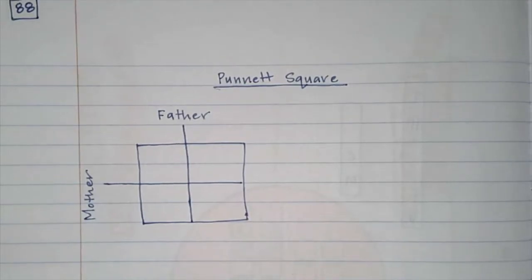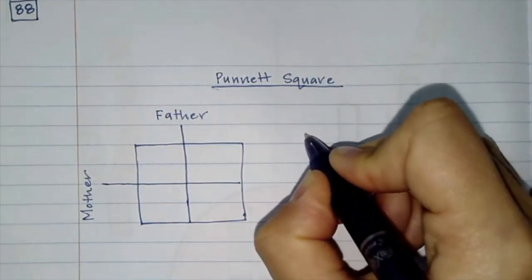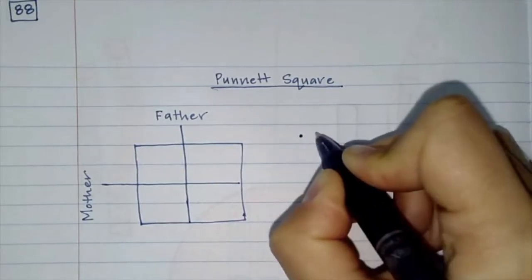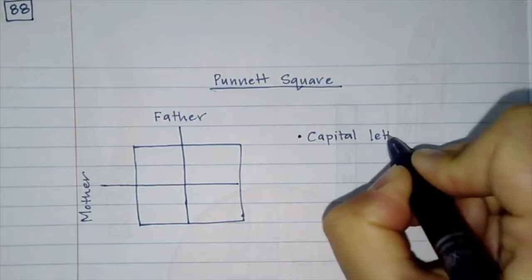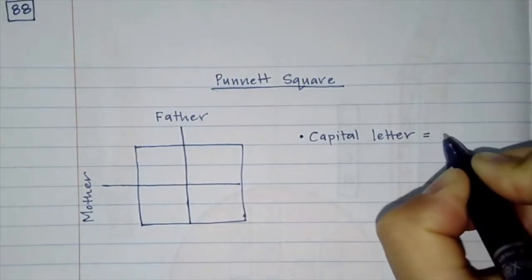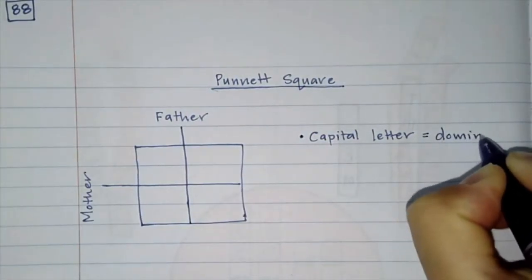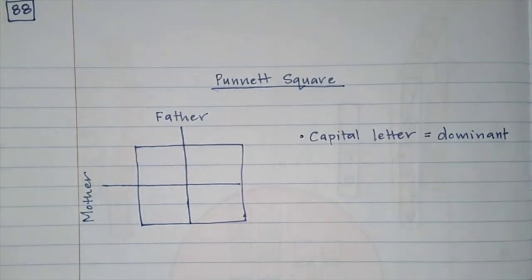Now, the other things that we know so far is we know that if I have a capital letter, then we know that that is the dominant trait. And we know that dominant traits only need one of that version of the allele in order for that trait to be what we see.